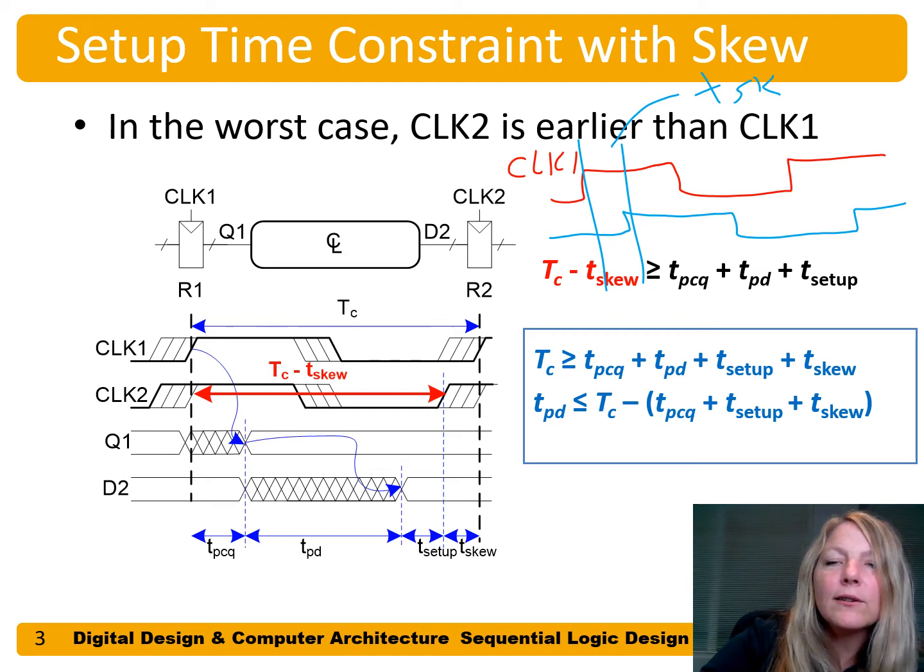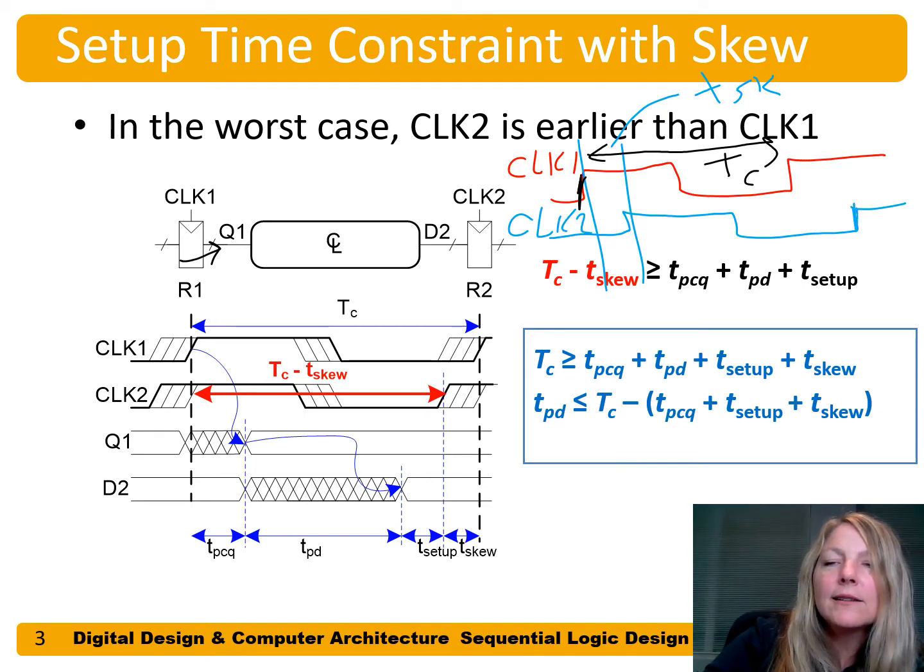Well, what happens now? So here's our cycle time still. Clock 1 clocks in our data, right? We get a clock edge, and clocks in the data, clock 1. But now clock 2 here in blue is what's clocking out our data into register 2.